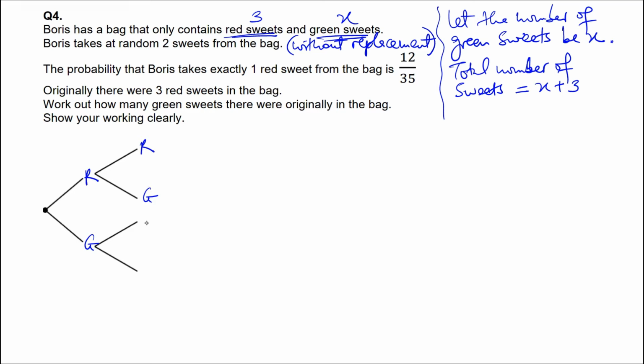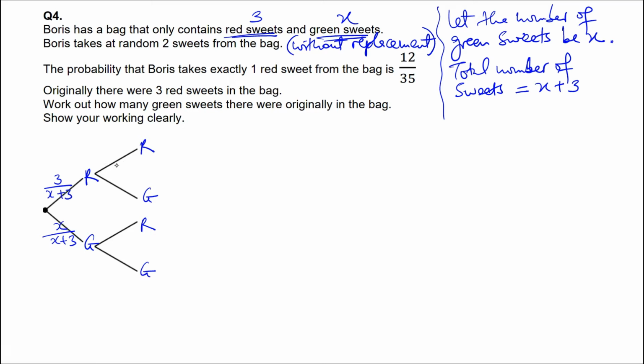For the first event, the probability of picking red is 3 over the total number of sweets, x plus 3, and the probability of picking green is x over x plus 3.